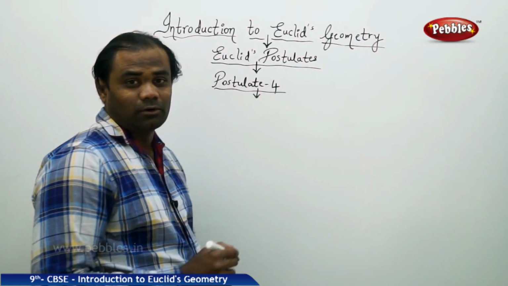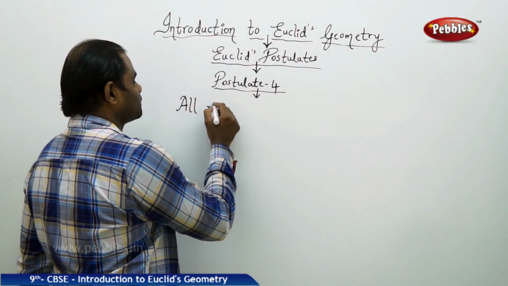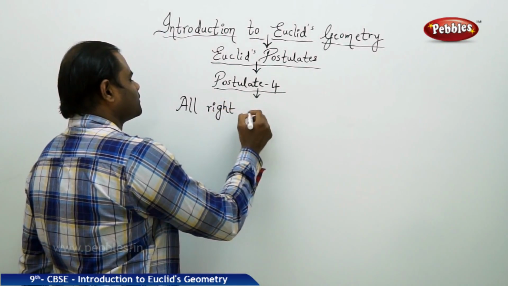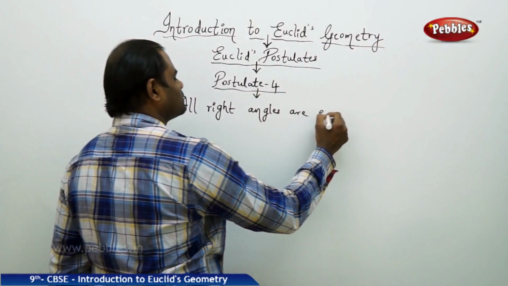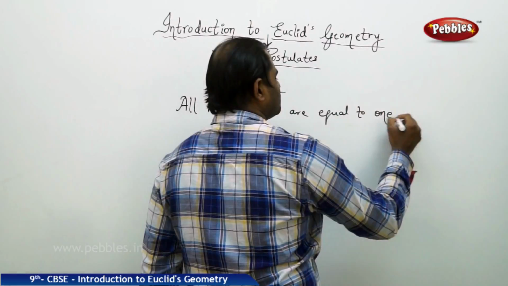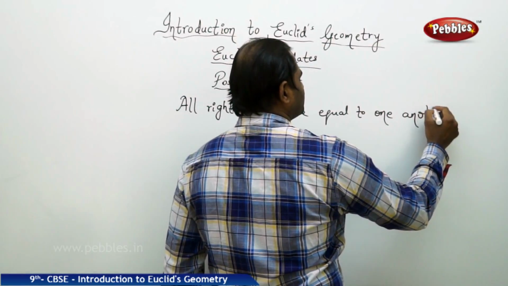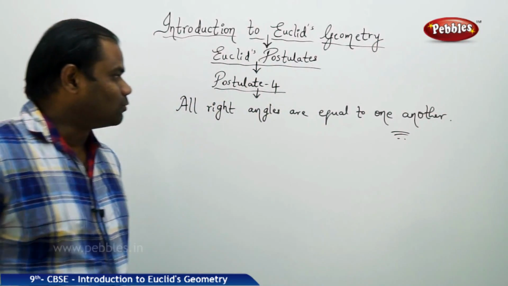So postulate number 4 says that all right angles are equal to one another.